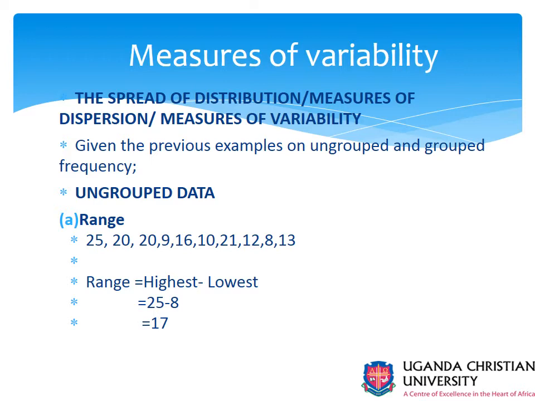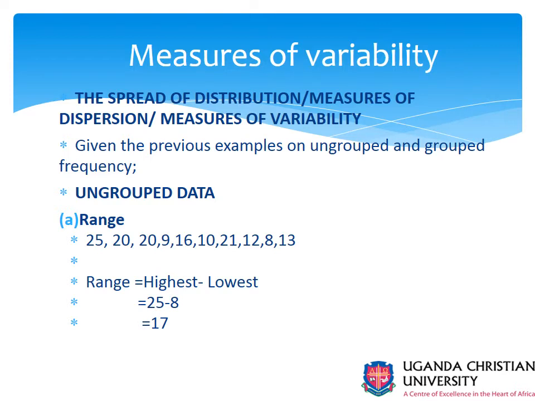This is what we are looking at under measures of variability. They help in decision making and policy formulation, once you're aware of how your observations deviate from the measures of central tendency. Let's begin with the range.